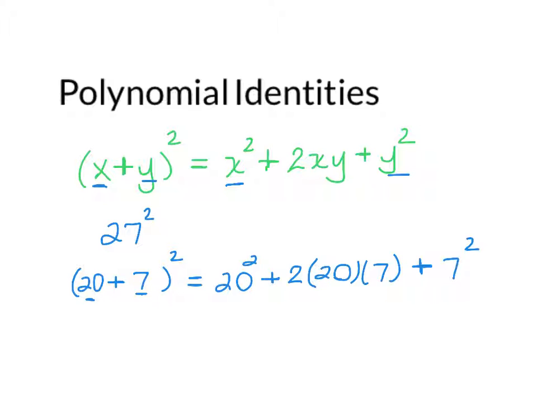So let's see if we can continue with this with mental math. 20 squared, that's 20 times 20, that's going to give me 400, plus 2 times 20, which is 40, times 7. Well, 4 times 7 is 28, so I just have to add a 0. So that is 280, plus 7 squared, which is 49.